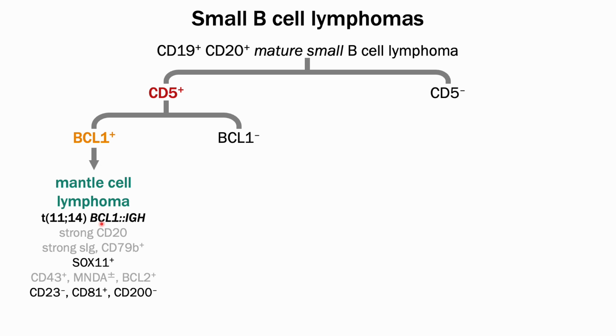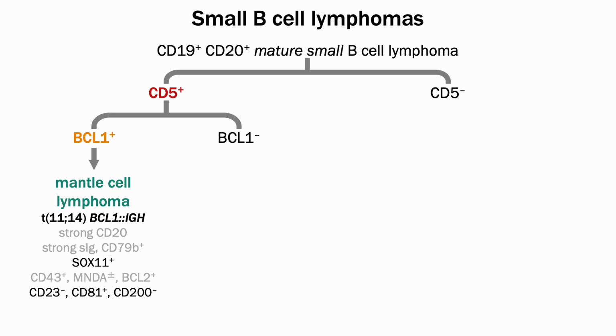Some cases have alternative translocations which lack BCL1 expression, but these can typically be detected by SOX11 staining. Because mantle cell lymphoma is more aggressive among the small B-cell lymphomas, we often use a combination of BCL1 and SOX11 in order to increase our sensitivity.